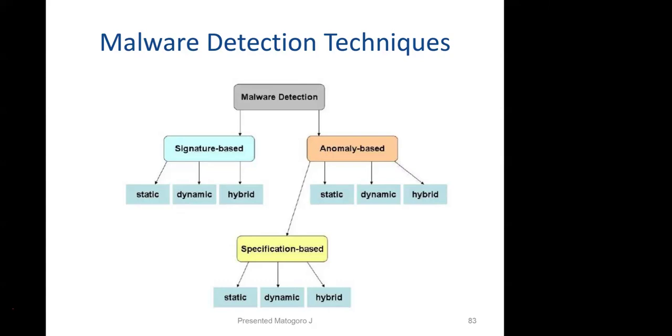Sometimes I give out this kind of question: briefly describe at least two approaches for malware detection. You can use signature-based malware detection, or you can use anomaly-based malware detection. I hope most of them have been covered on the next slide.